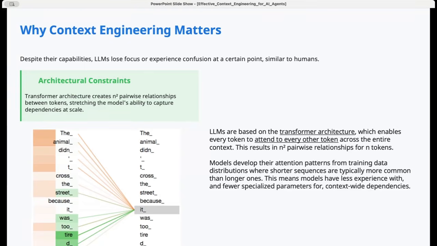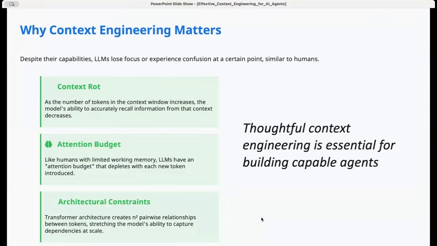This also originates from the training process, where usually the sequence lengths are much shorter. So the LLM understands the logic in a shorter context window because it's more common during LLM training. This means the model could have less experience dealing with longer context window dependencies.